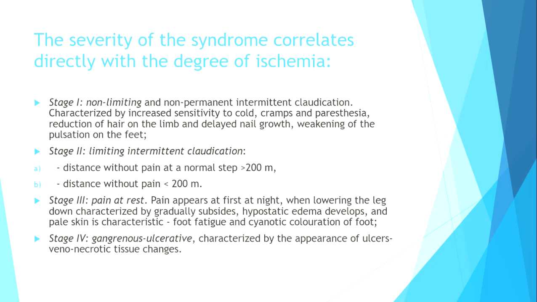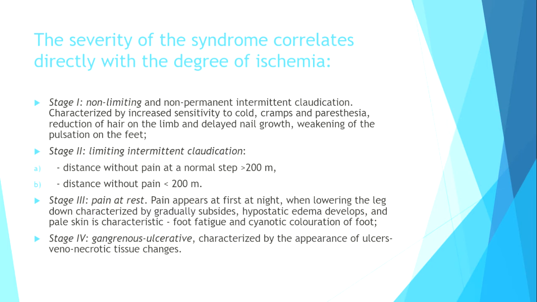First stage: non-limiting and non-permanent intermittent claudication, characterized by increased sensitivity to cold, cramps and paresthesia, reduction of hair on the limb, delayed nail growth, and weakening of the pulsation of the feet.